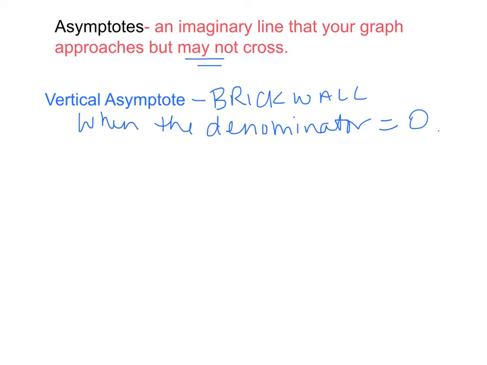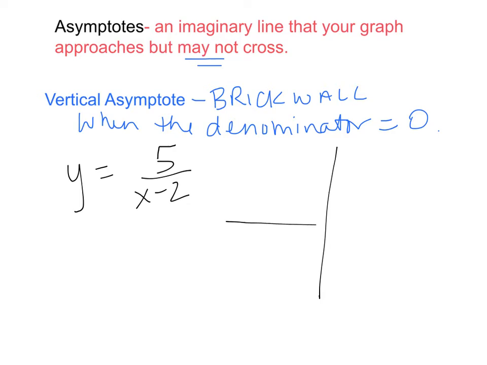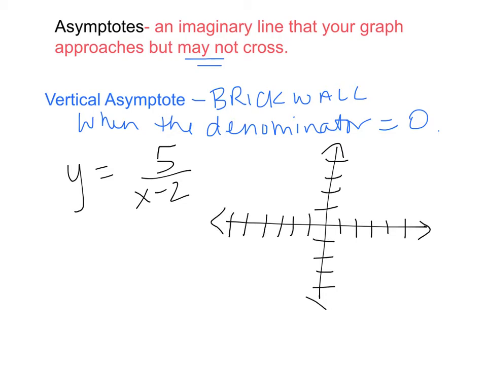So an example of a vertical asymptote would be something like y is equal to, let's just use the same one, 5 over x minus 2. So if we're just going to do a quick little graph on this, just so we have an example, then I know that I have a vertical asymptote at x equals 2. Now remember, this is a vertical line.